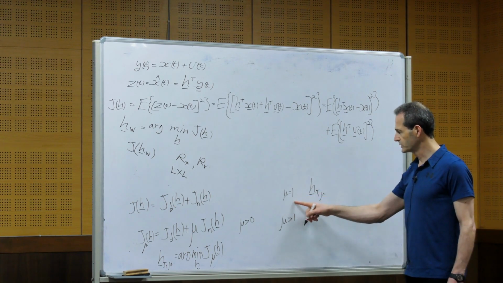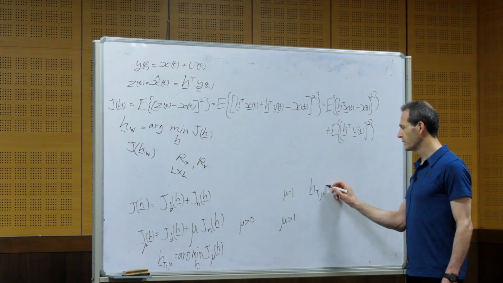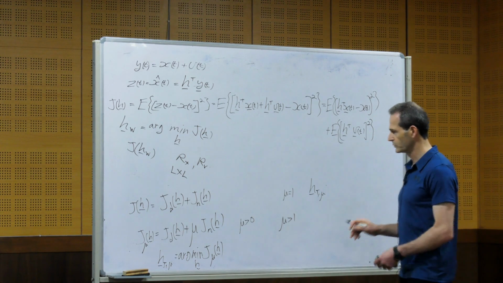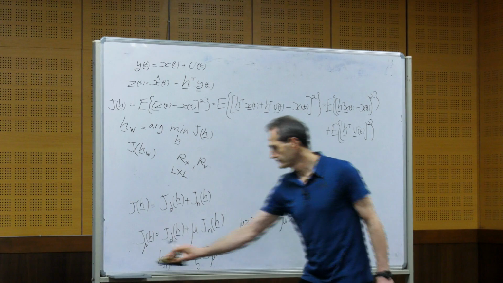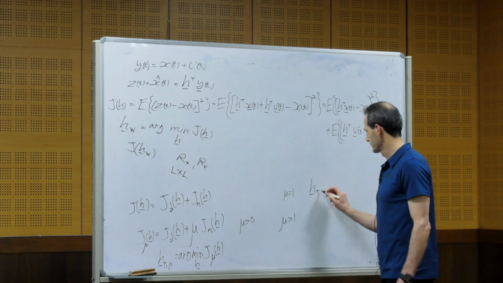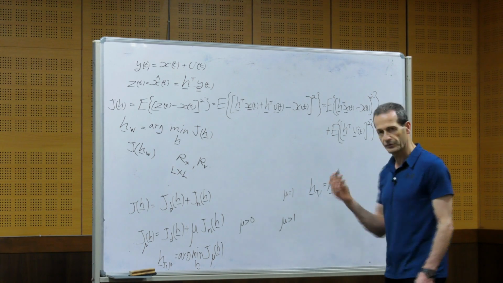So for mu equals 1, if I put here 1, it will be equal to the Wiener filter, of course.